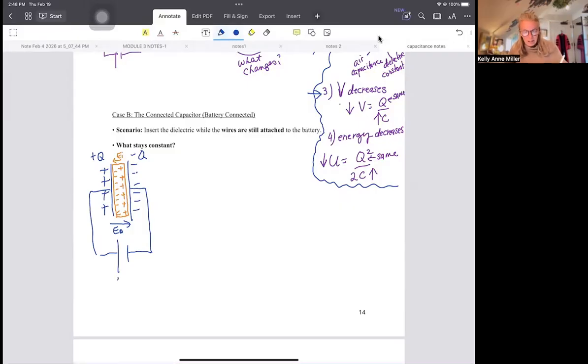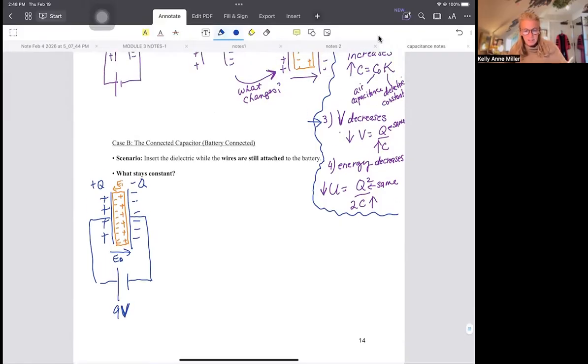So if this is a 9-volt battery, then the potential difference between these two plates must be 9 volts no matter what I do to it. I can insert however many dielectrics I want. It still has to be held at 9 volts.